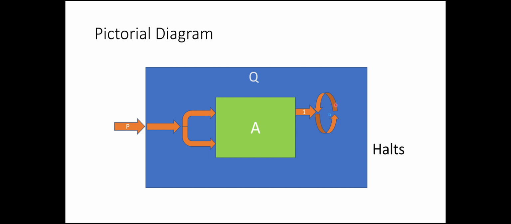And if A(P,P) is equal to 0, then Q will halt. Whenever Q determines the output of A is 0, Q just jumps to the end and halts. That explains the whole concept.